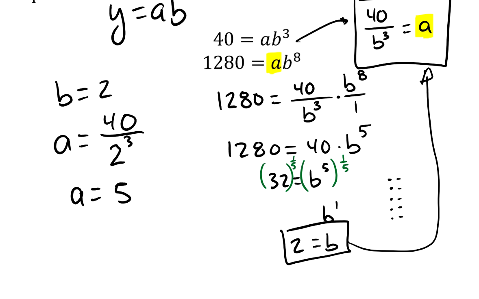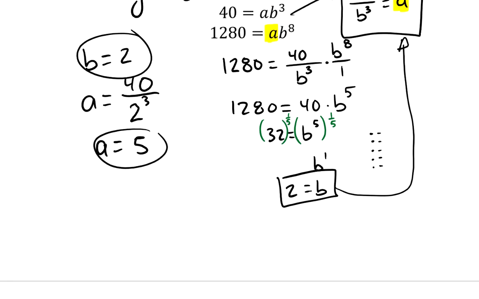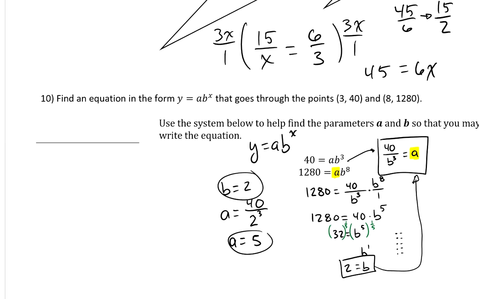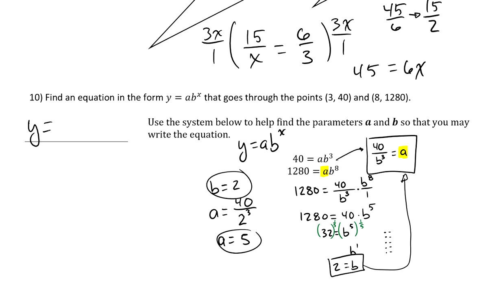I believe that our equation is, because I know my 0th term and I know my multiplier is 2, I'll zoom out and write this down here: y equals 5 times 2 to the x power.